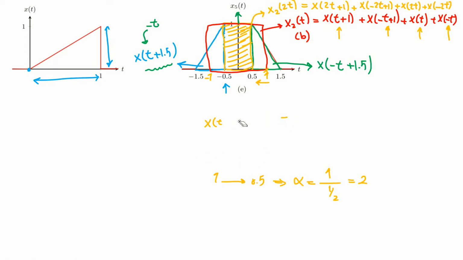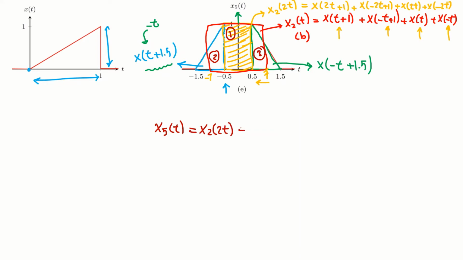So I can write x5(t) based on these three parts. This is part 1, this is part 2, and this is part 3. So x5(t) equals x2(2t) for part 1, plus x(t+1.5) plus x(-t+1.5) for parts 2 and 3.